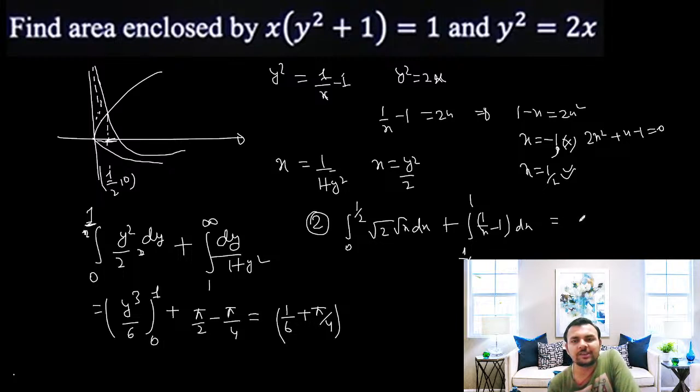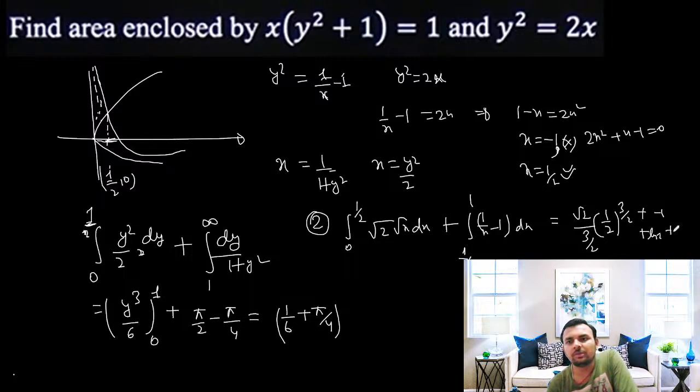So if you see, it is nothing but root 2 x to the power 1 by 2 plus 1, which is 3 by 2 coming down, x to the power 3 by 2 over 3 by 2, from 0 to 1 by 2, and this is 1 plus 1 by x, ln x, minus x at 1 by 2, minus 1 by 2.